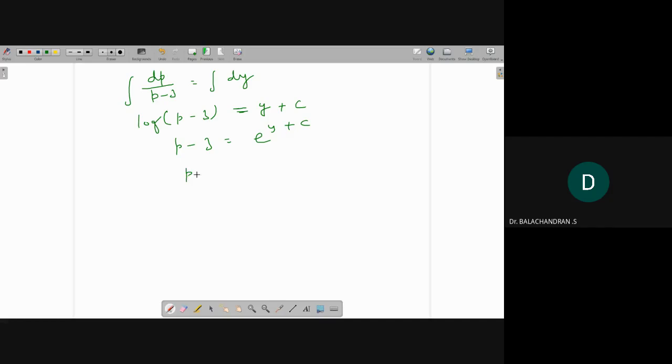So p equal to 3 plus e power y into e power c. I will take this as c1, e power c1. Now p equal to 3 plus e power y into c, where c equal to e power c1. So now p equal to 3 plus c into e power y.